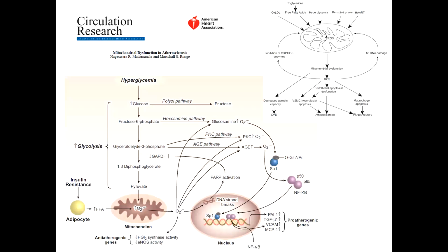Remember, there needs to be balance. It's going to cause vascular smooth muscle cell hyperplasia. It's going to decrease the aerobic capacity of the endothelium and the smooth muscle cells. That means it's not going to be as efficient. It's more prone now to even more oxidative stress. All of this is essentially going to increase the probability of the development of atherosclerosis.